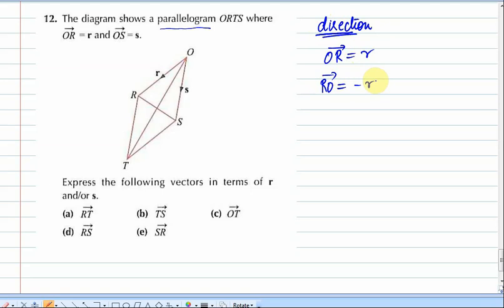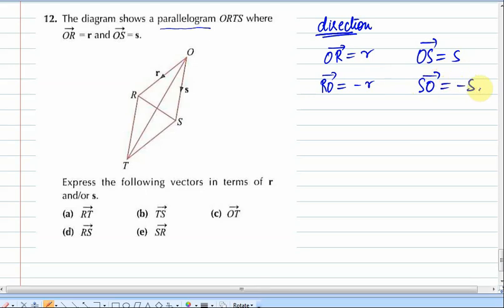That is the first basic and most important thing that you need to understand while attempting any question of vectors. If OR is R, that means RO is negative R. Similarly, if OS is equal to S as given, then SO will be negative S. That is the first most important thing that I told you.